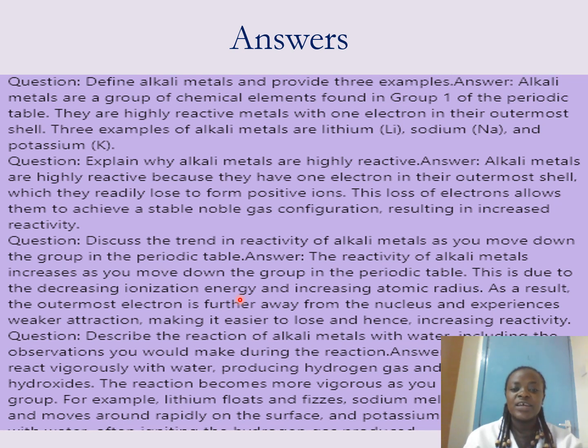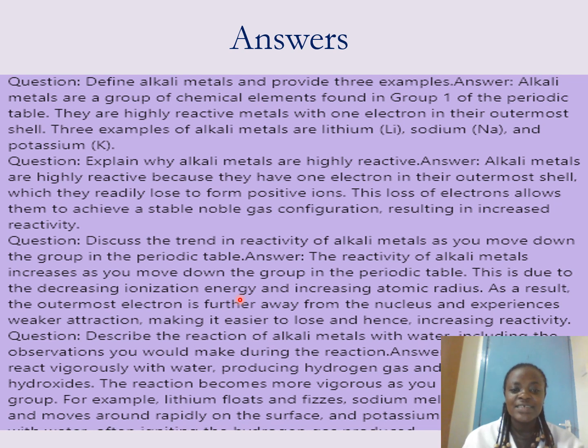The loss of the electron allows them to achieve a stable noble gas configuration, resulting in increased reactivity. So the presence of the 1 delocalized electron in the outermost energy level makes them very reactive.